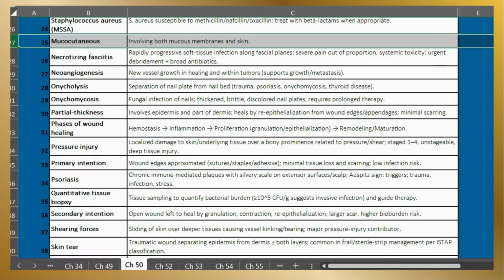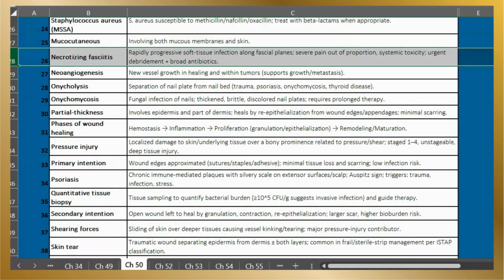And then necrotizing fasciitis, a rapidly progressive soft tissue infection along fascial planes, with severe pain out of proportion, systemic toxicity, urgent debridement plus broad antibiotics. So necro means dead, fascia eating fast.